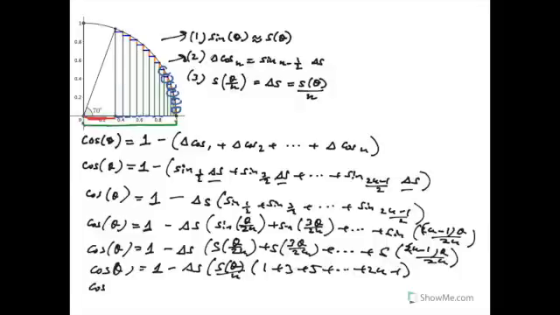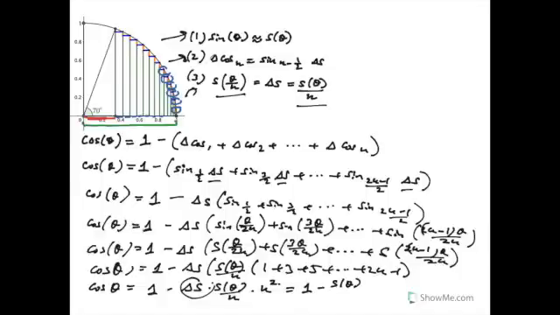And we have a formula from before. Here, I'm going to bring this s theta over n fully out. And this 1 plus 3 plus 5, that equals n squared. Now, this delta s is actually shorthand for s of theta over n, or s of theta and then divided by n. So I'm going to write 1 minus s of theta over n.